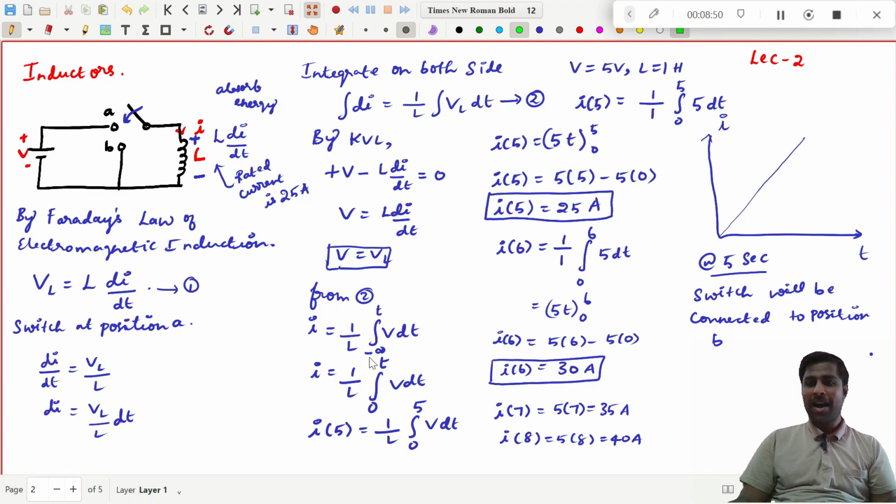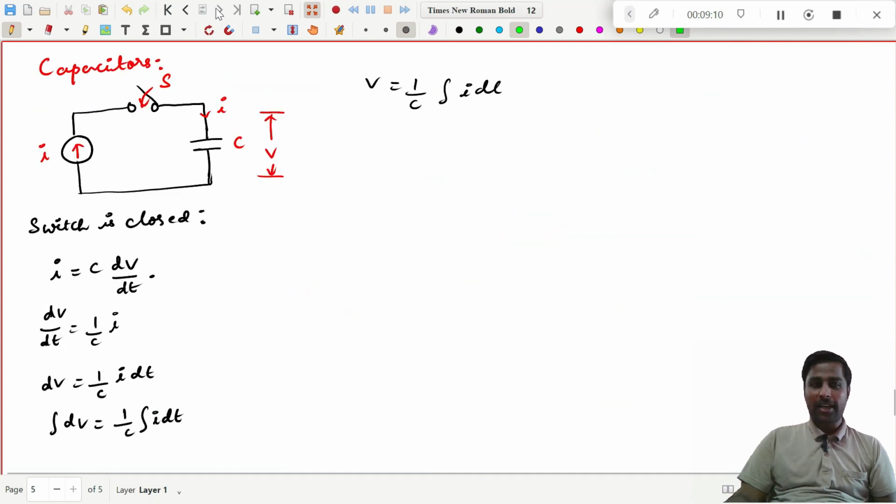That means the past history of V should be known to find the present value of current. That is why the inductor is a memory element. Whatever voltage was applied to this inductor should be known to find the present value of current.